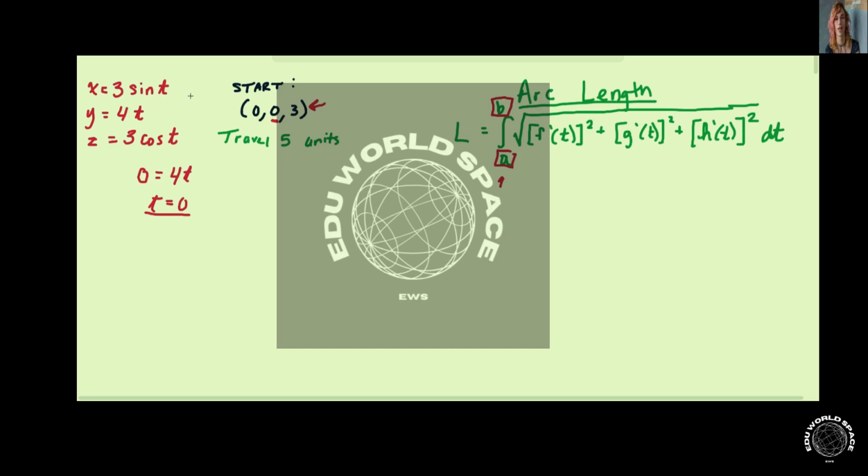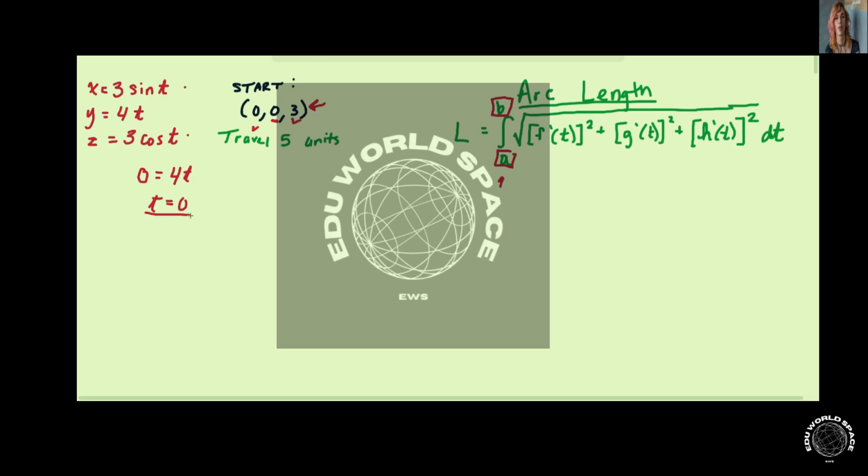And then we just want to check that against our other parameters. If t is equal to 0, the sine of 0 is 0, so x would be 0, so that checks out. And when t is equal to 0, the cosine of 0 is 1. 3 times 1 is 3, and that checks out with our z value.